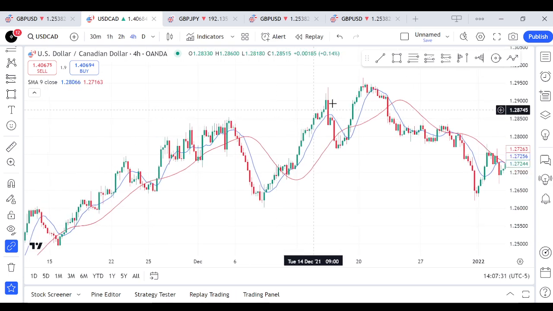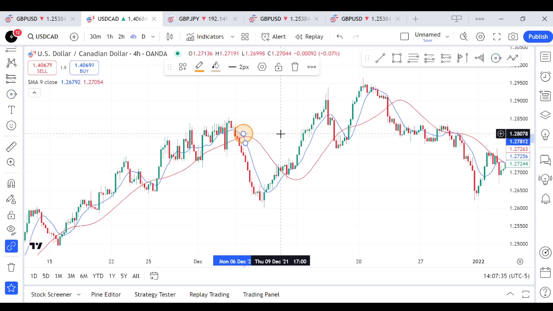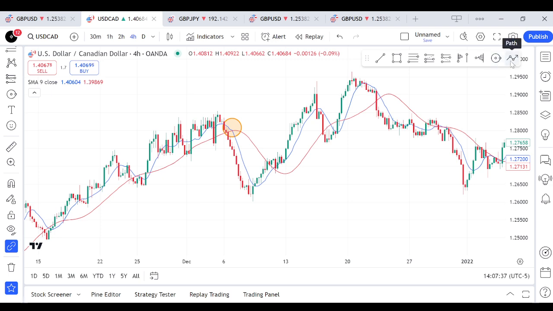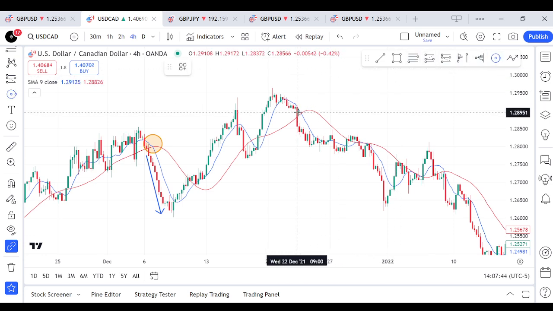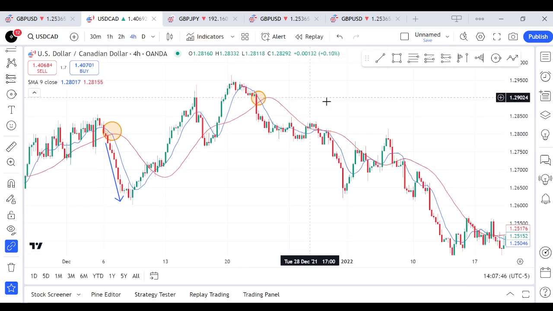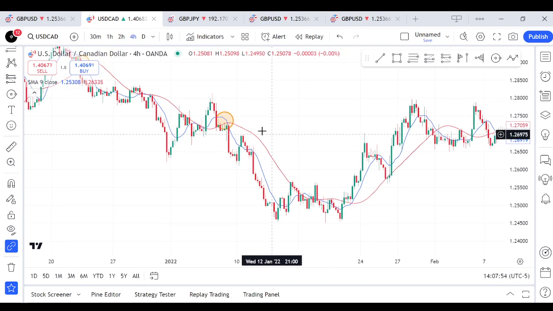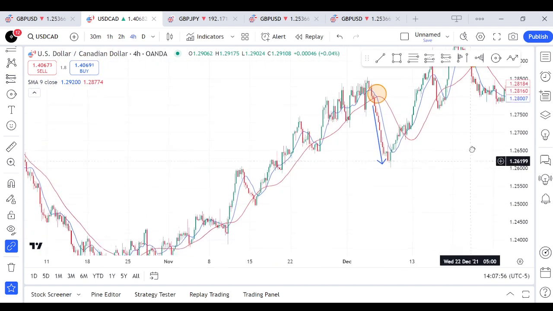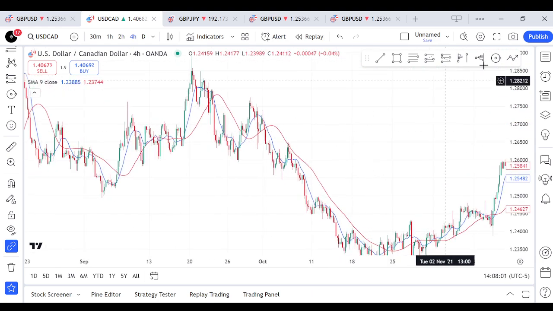So you can see this cross, and you can see the bearish movement after that cross, and this is another valid cross. And after that, you see the bearish movement. This is another cross right here.